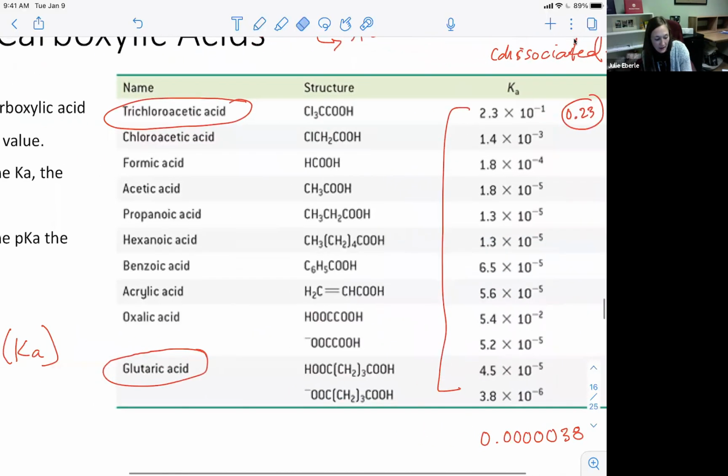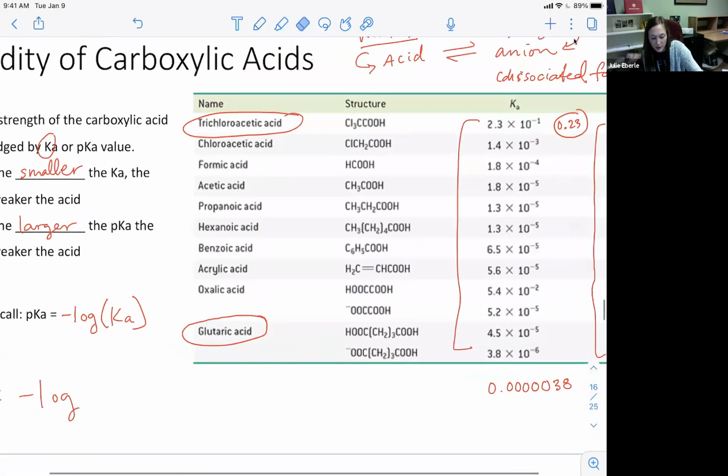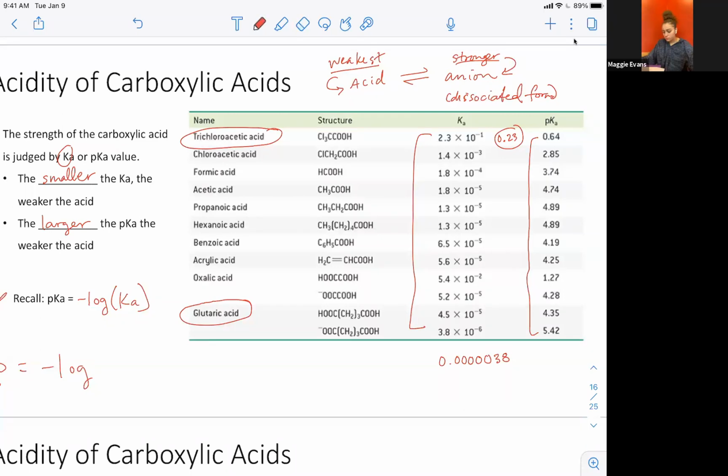And what we said is that the smaller the Ka value, the weaker the acid. So trichloroacetic acid or glutaric acid, which one is a weaker acid? Glutaric acid. Okay, so this one's actually the weakest carboxylic acid on the entire table.